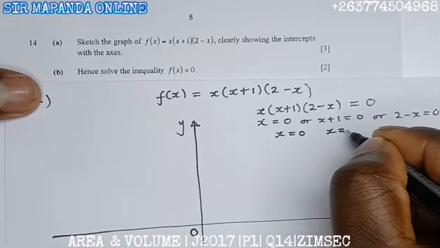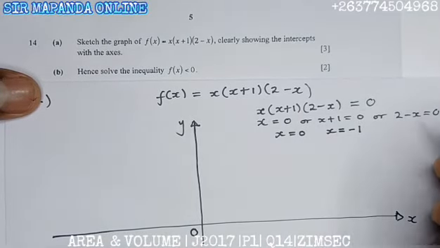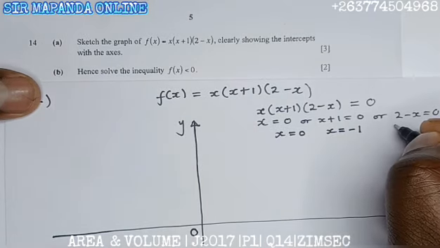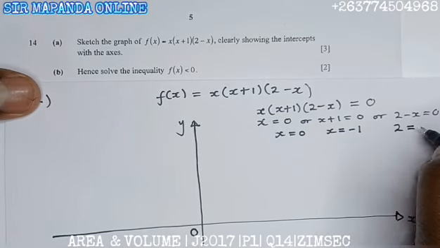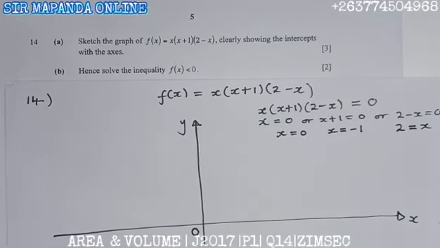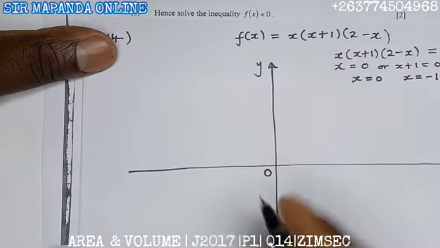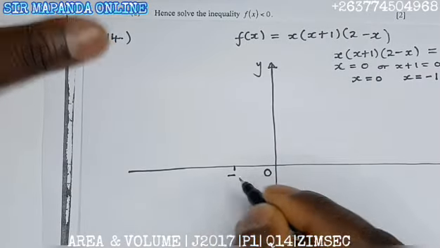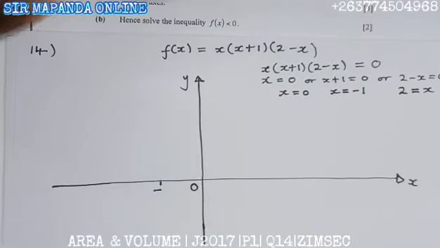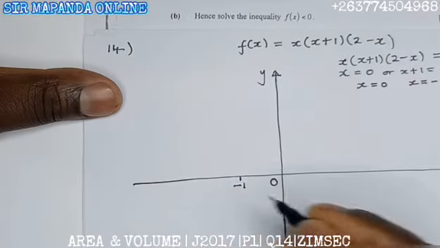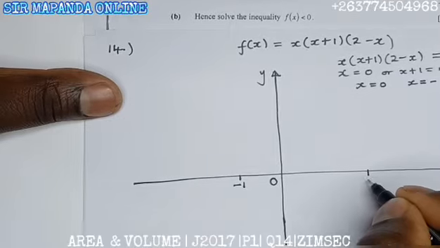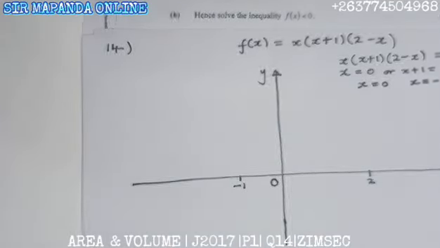You have x equals minus 1, your second intercept. You also have x equals 2. So minus 1 is located on the left side of 0. Then 2 is located on the right side of 0, something like this.